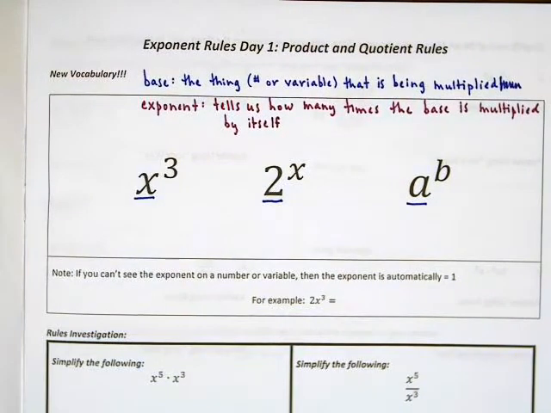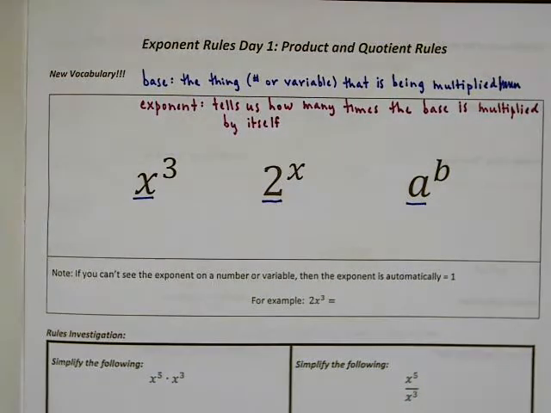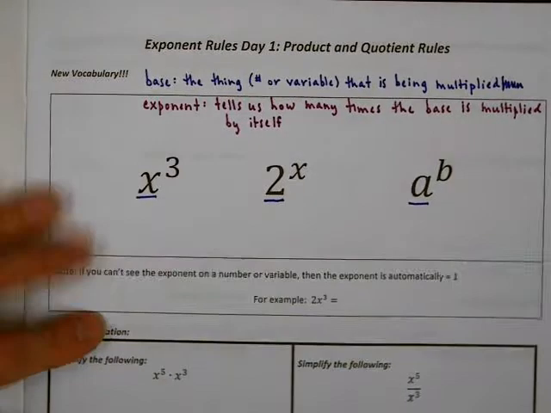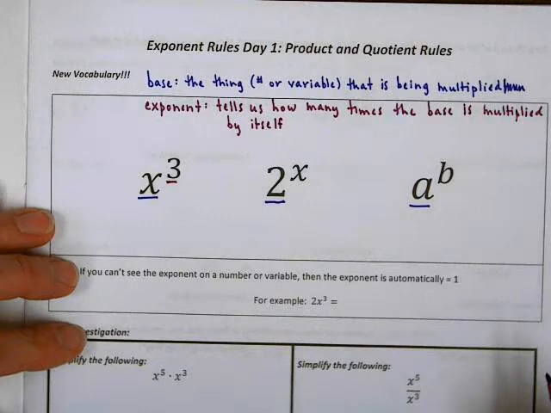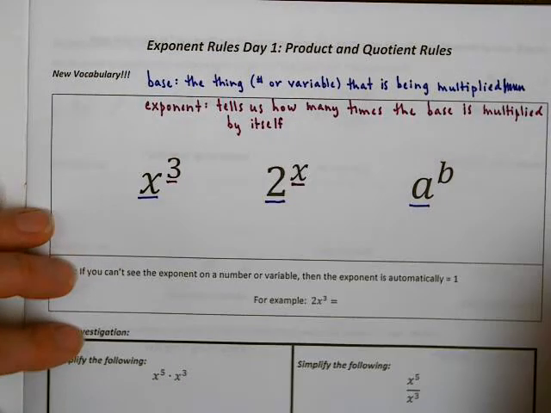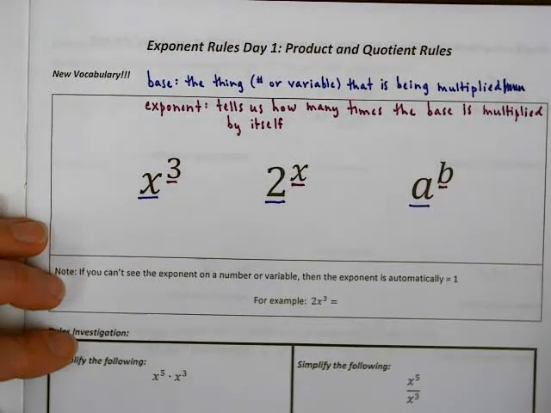So the exponent tells us how many times we're going to take that base and multiply it by itself. In our first expression here, the exponent is the 3. Here the exponent is the x, and here the exponent is the b.